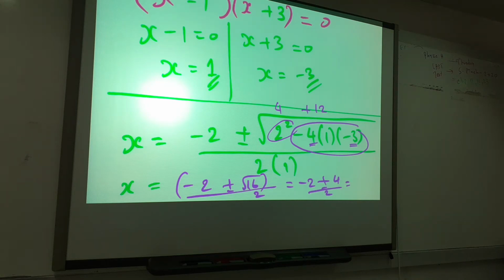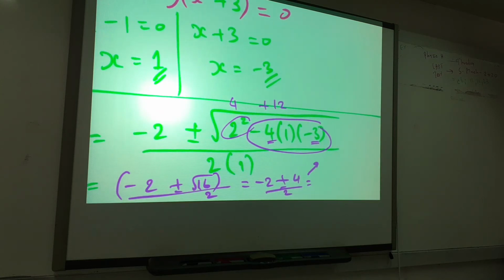I will write two answers. My first answer is negative 2 plus 4, divided by 2, which is 1. Another answer: negative 2 minus 4, divided by 2. Negative 6 divided by 2 is negative 3. So my two answers are 1 and negative 3.